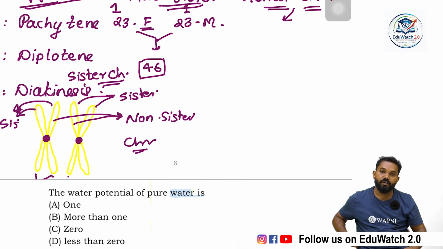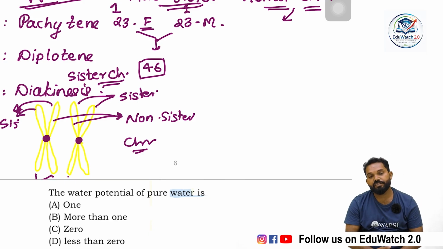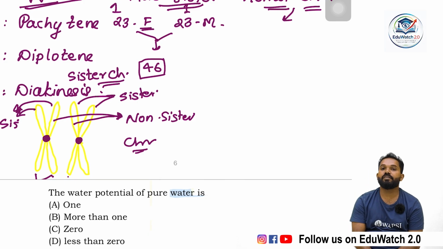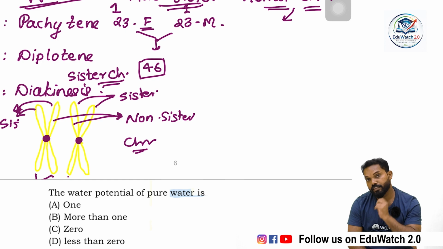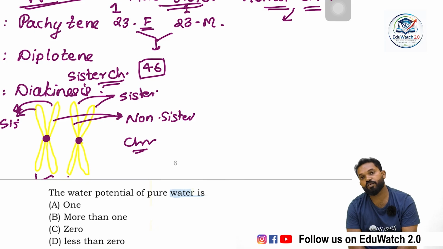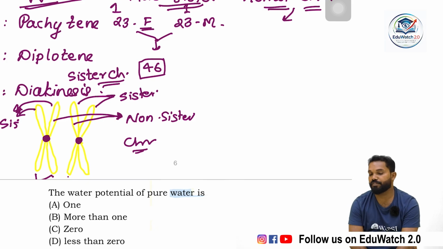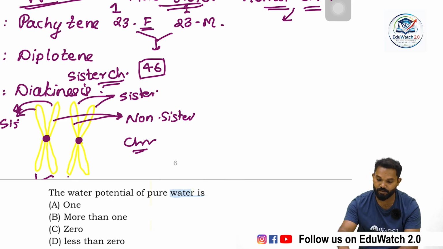Sister chromatids are the two chromatids of one chromosome. Non-sister chromatid is a term used only in the case of homologous chromosomes: they have the same gene location, but are chromatids of two different chromosomes.